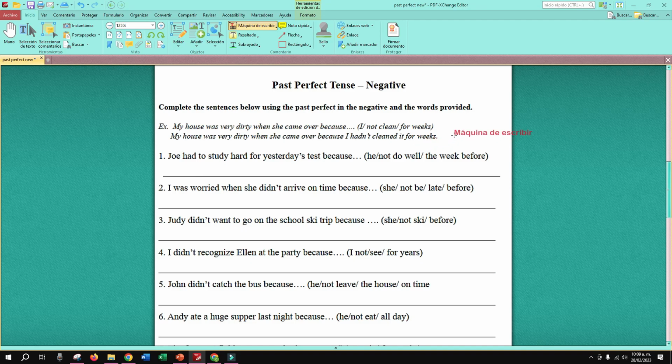Right? So you're going to use the words between parentheses in order to complete the other action. In that case, for example: Joe had to study hard for yesterday's test because, and you have he not do well the week before.